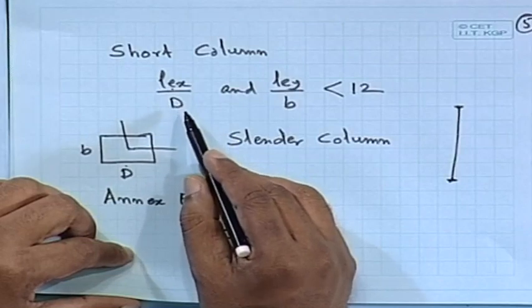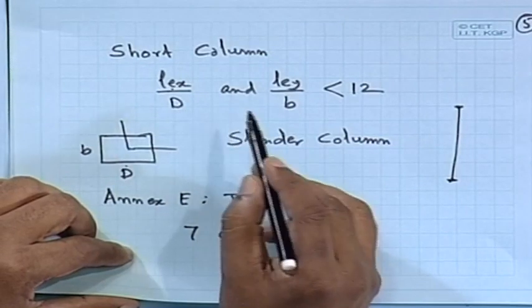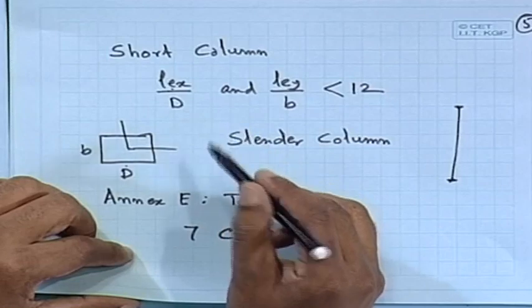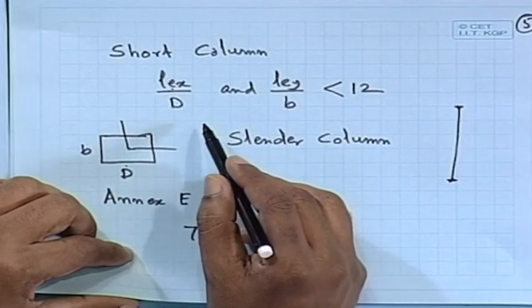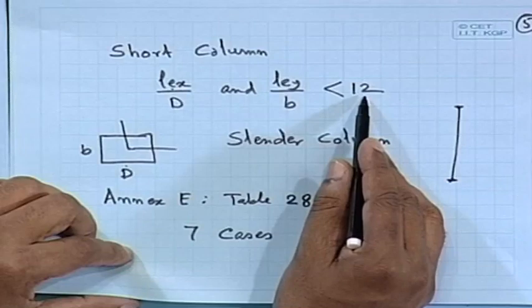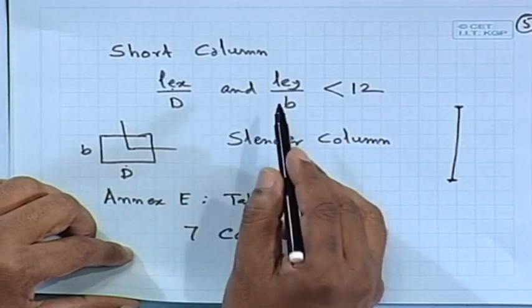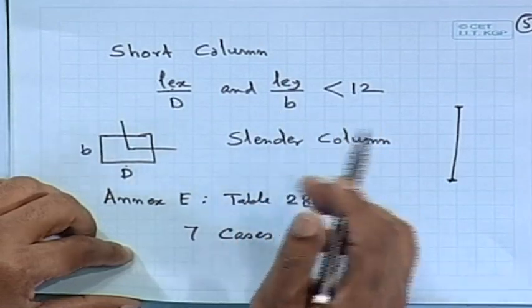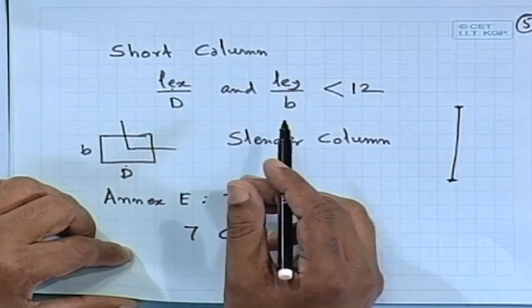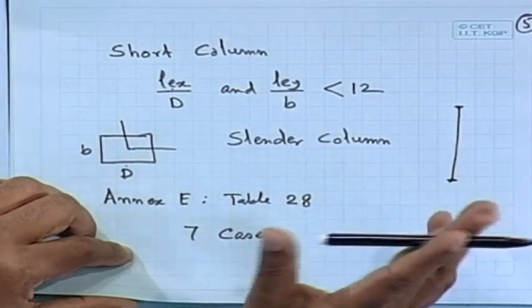The minimum dimension we have to provide is 200. If we would like to design it as a short column, then we know 12. On the basis of that we can find out the depth and width of the column. But sometimes we have to design for a long column. In a few cases, possibly in our institute, those front 6 columns, if you get the dimension, you will find them to be long columns.